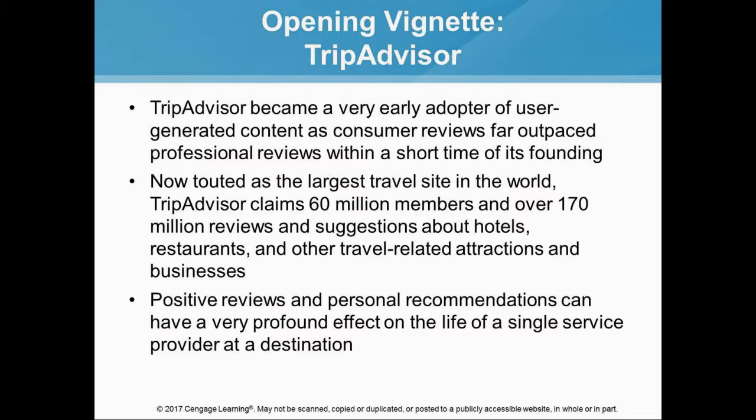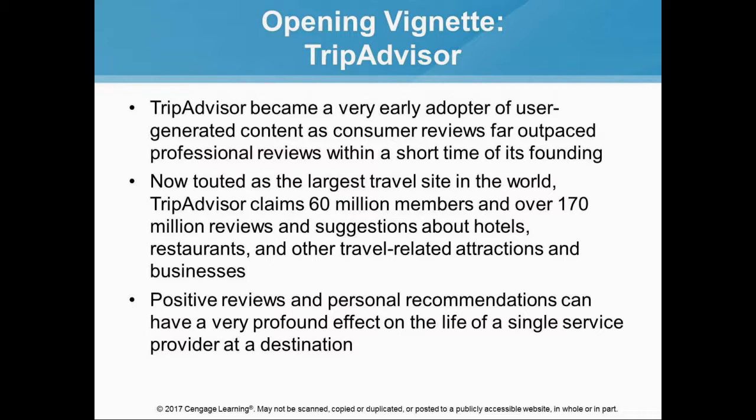The beginning story of this chapter is about TripAdvisor. Headquartered in Newton, Massachusetts, TripAdvisor was founded in 2000 and today employs 2,793 employees. The original purpose of this business was to provide travelers with up-to-date information and reviews about travel-related topics.